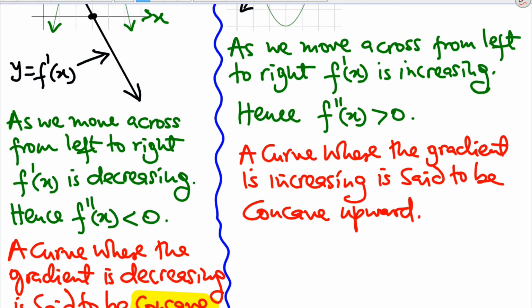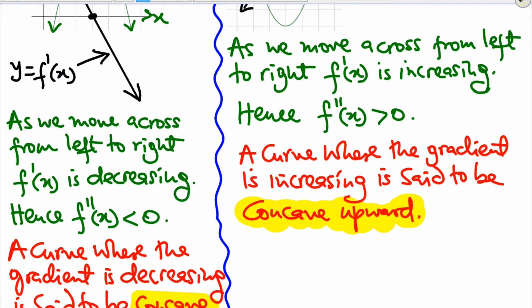Remember, on the left we discussed concave downwards, and that happens when the gradient is decreasing. But when the gradient is increasing, then the curve is said to be concave upward.